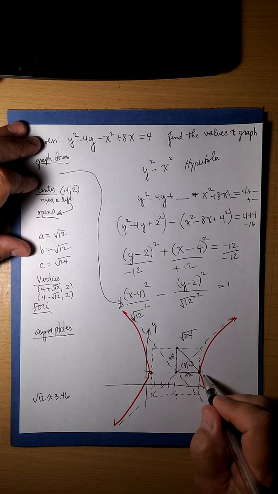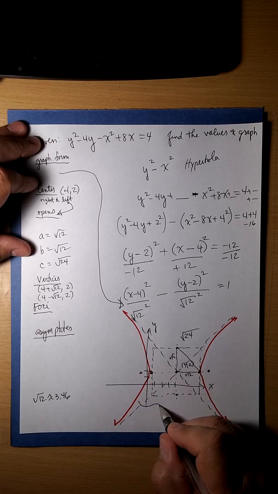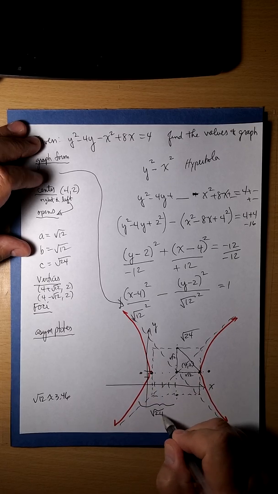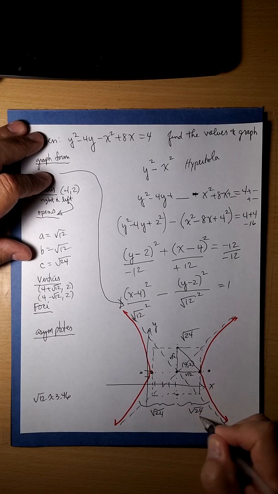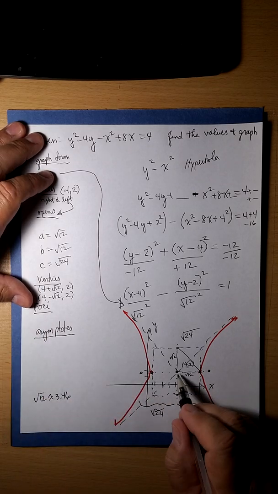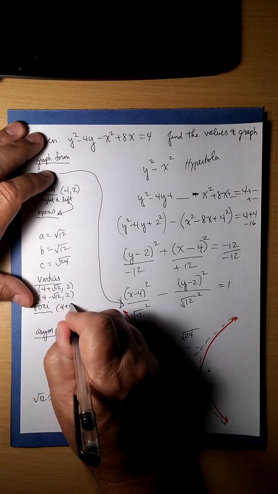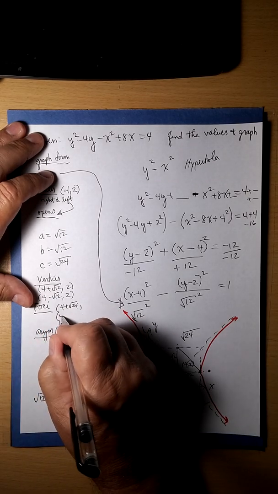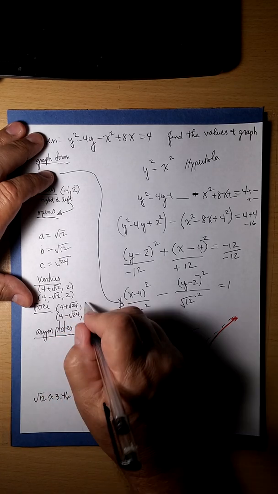So from here, someplace in here, and someplace in here. That is the square root of 24. So the coordinates of the foci are 4 plus the square root of 24 and 4 minus the square root of 24, but always 2.